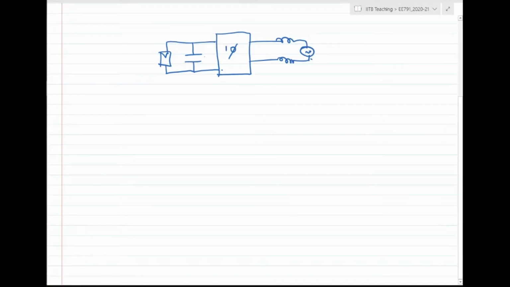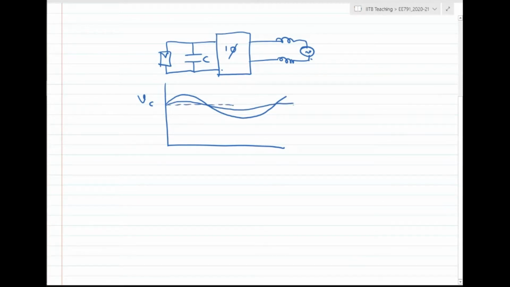And yes, if we keep on adding C value, the oscillations in the capacitor voltage will keep on reducing. And if you use a very large value of C, maybe you get practically a flat voltage profile.